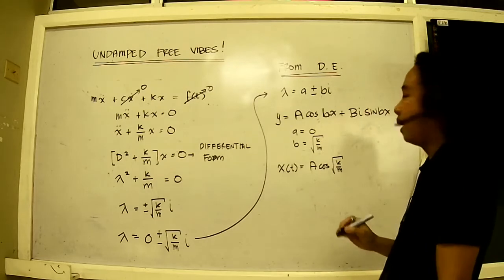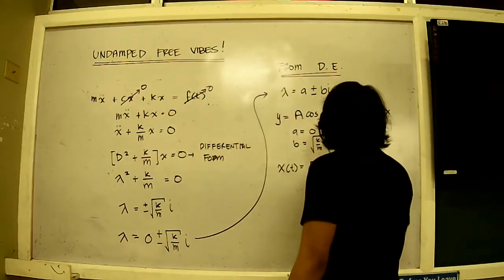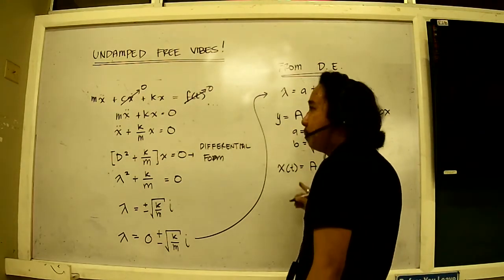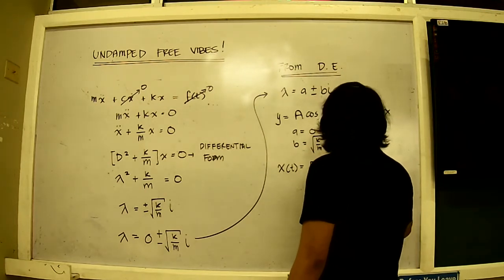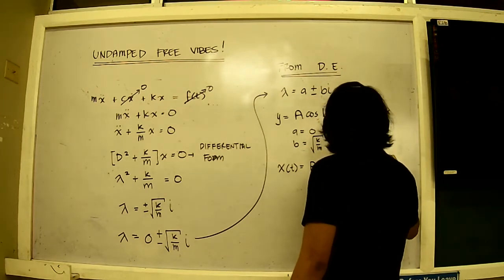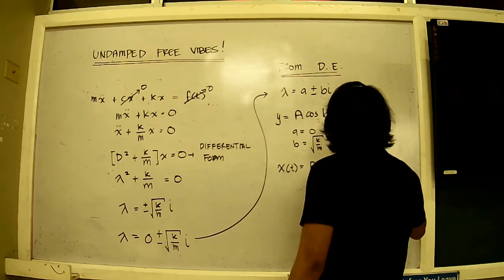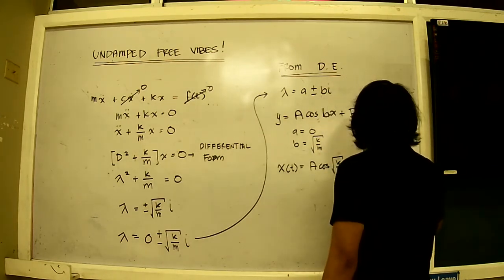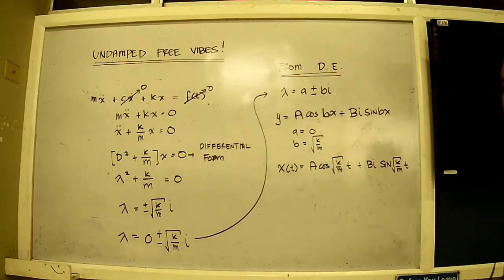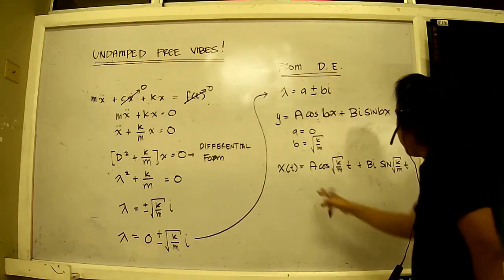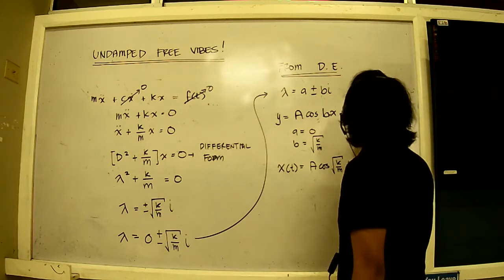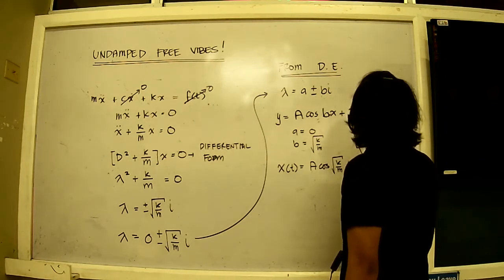T is our independent variable. So this is a cos and b i sine, with the square root of k over m times t. This is our expression here. Now, a and b are actually arbitrary constants.